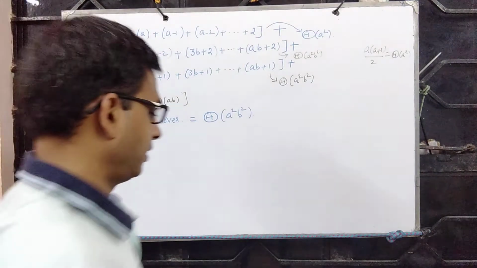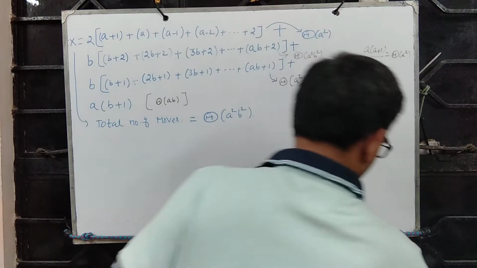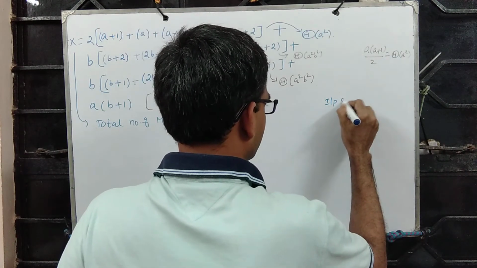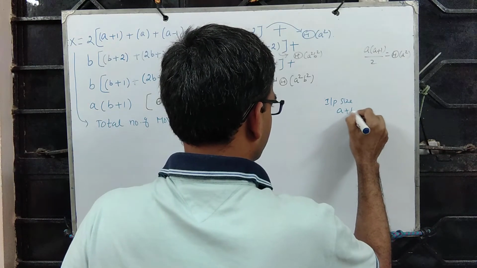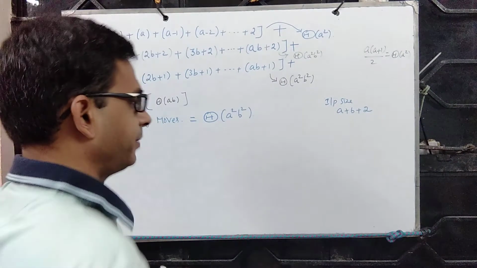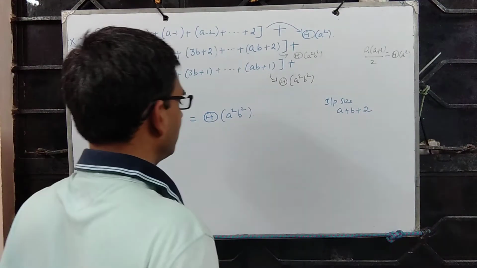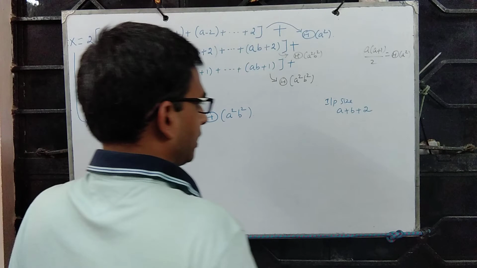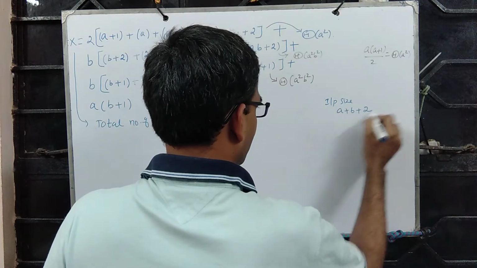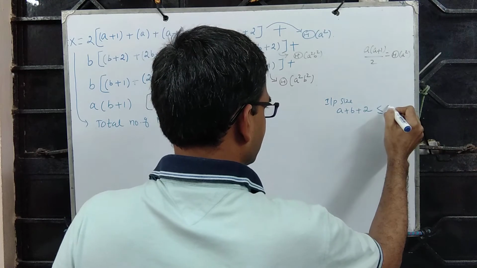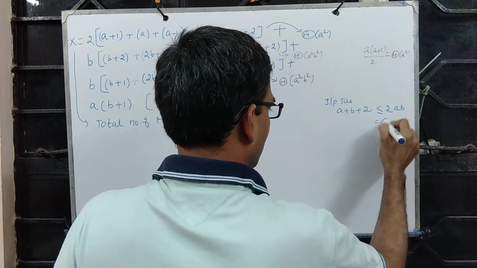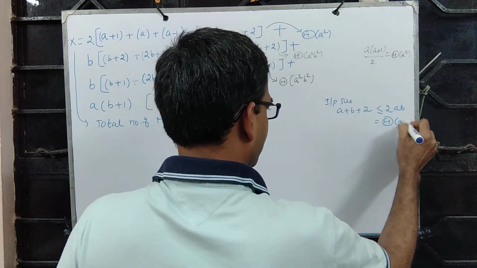Fine. So what is our input size? Our input size is A plus B plus 2, with the delimiter 0 and the dollar. And if you look at this, you can rewrite this as at most say 2 times AB, or theta of AB.